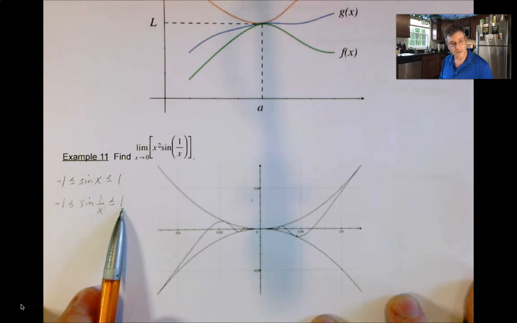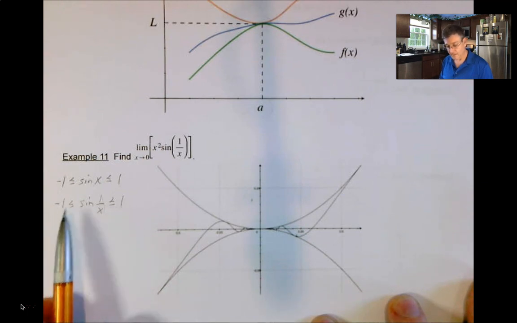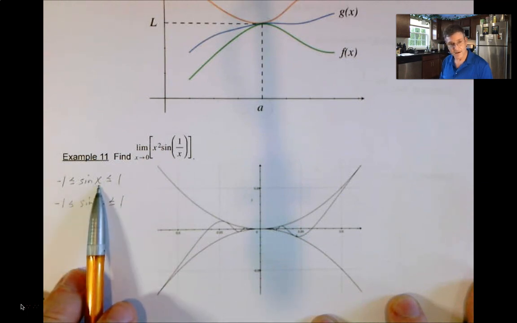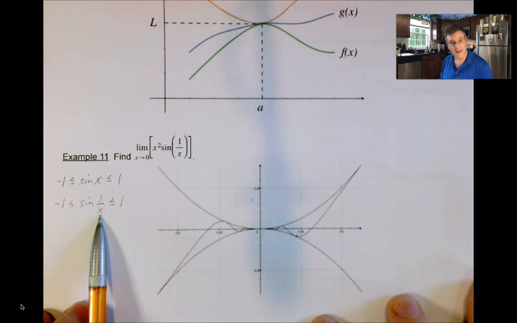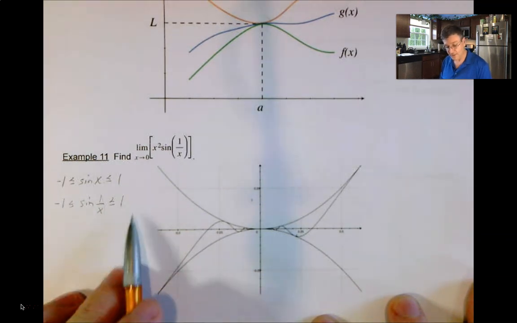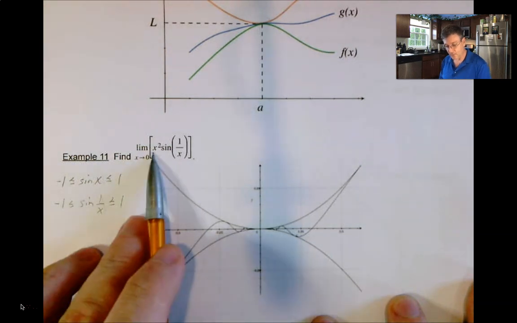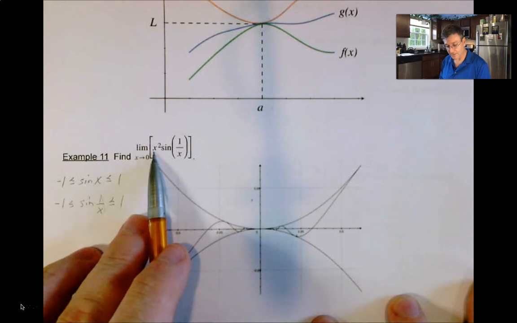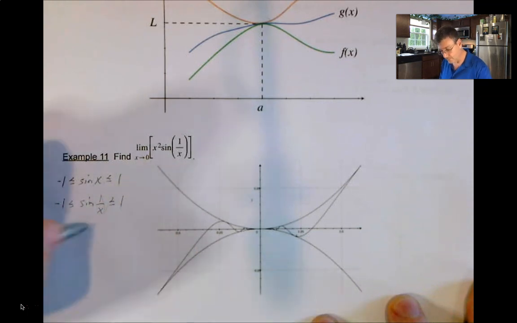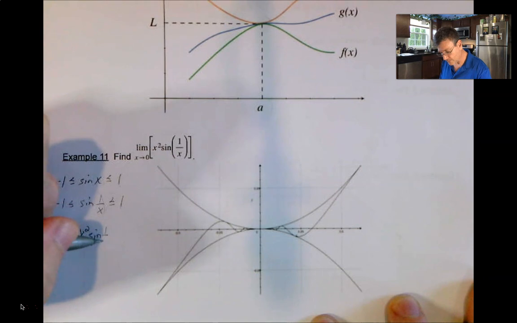The range doesn't change. The sine of 1/10 here is the same as the sine of 10 here. So this range hasn't changed. What can I do to this function to make it look like this function? Well, I can multiply it by x squared. X squared sine 1 over x.